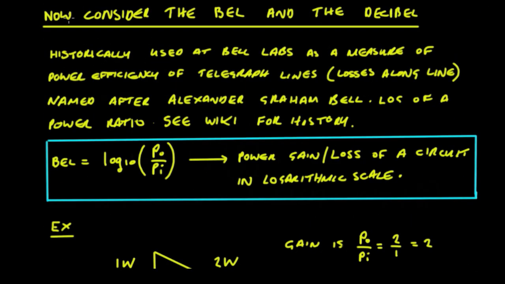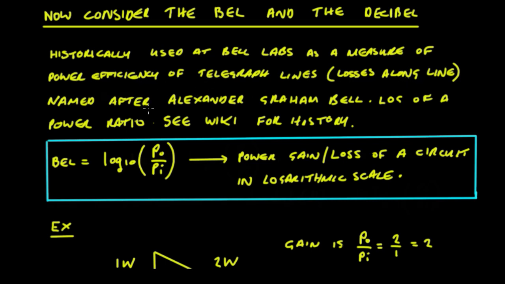So the idea of the bell was introduced in the early 1920s at Bell Labs in order to facilitate the experiments they were doing on power efficiency of telegraph lines. Okay, so they're doing experiments where they're putting a particular signal or power into a line, and then they're seeing how much the signal gets degraded along the length of the line, so how much power they get at the output.